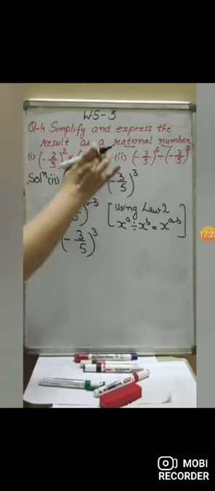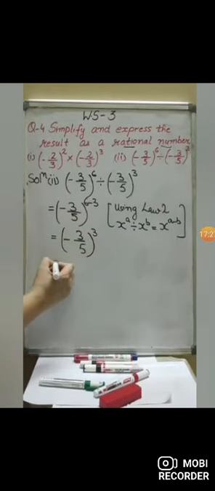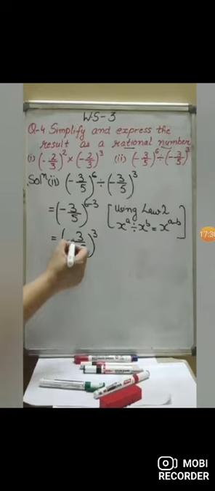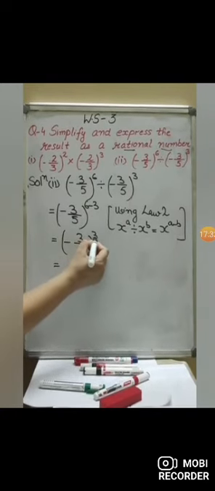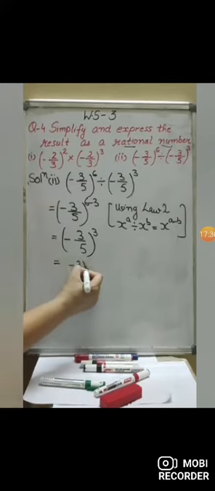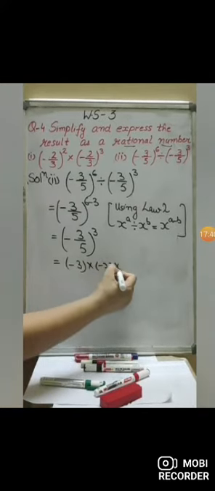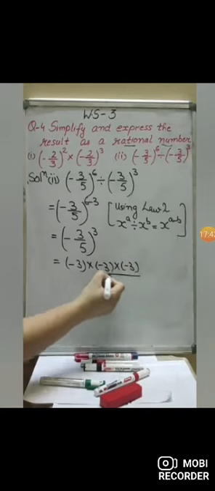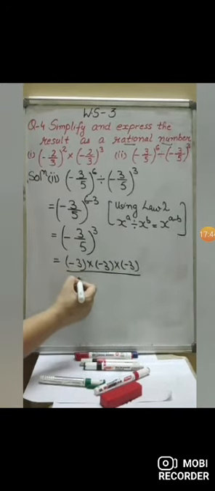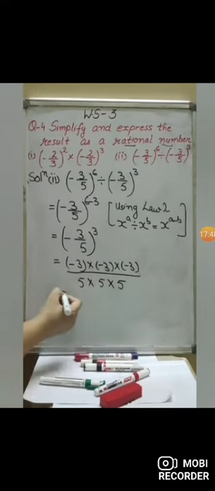But here we have to express it as a rational number, not in exponential form. So further simplify it. 3 raised to power 3 means (-3) into (-3) into (-3) whole divided by 5 raised to power 3, means 5 into 5 into 5.